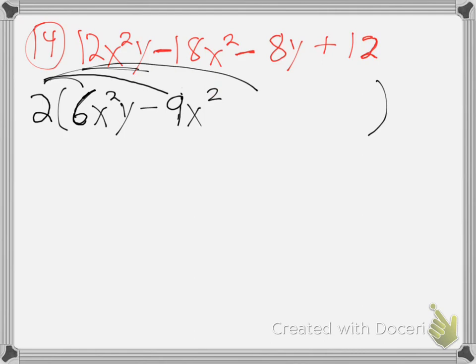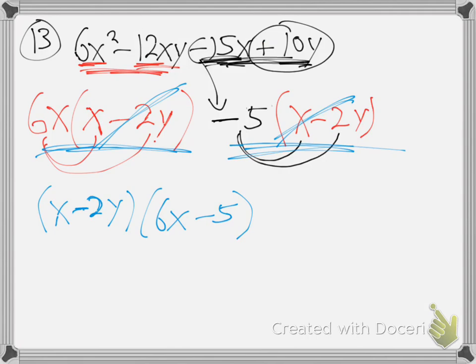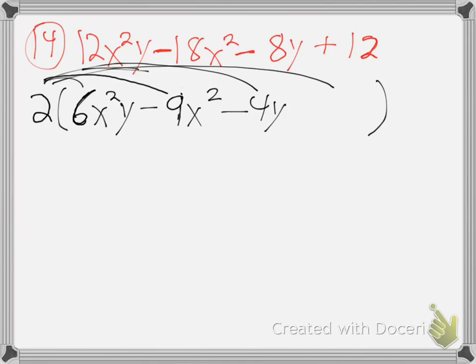And 2 times what? Minus 4y. And 2 times what? Plus 6. See that? They all have 2 in common.